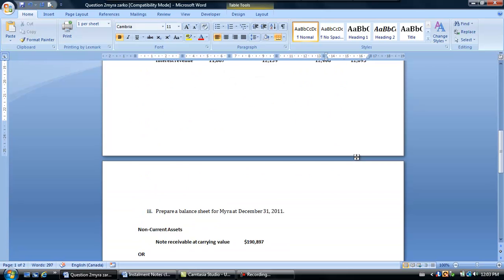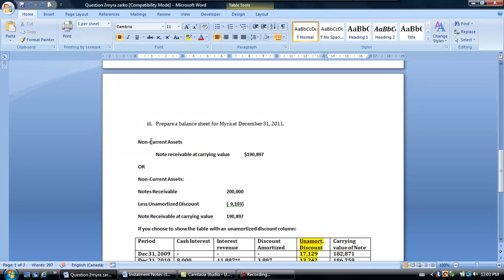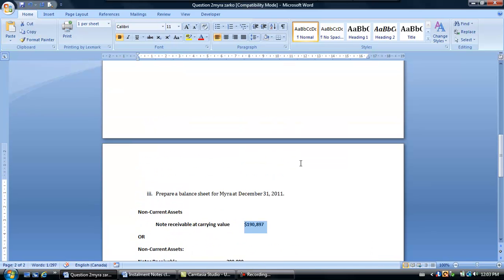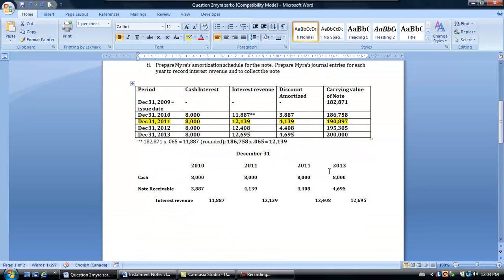You could alternatively just say long-term investments. Because it is a long-term investment, that is a non-current asset. And we're going to show it at its carrying value of $190,897, which we got from here in this table.